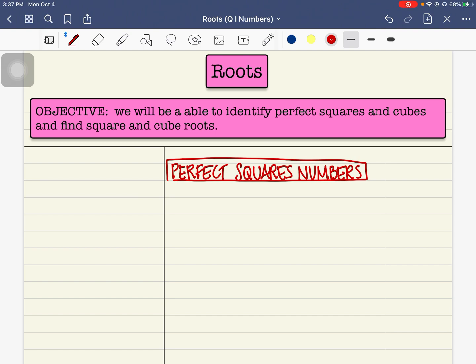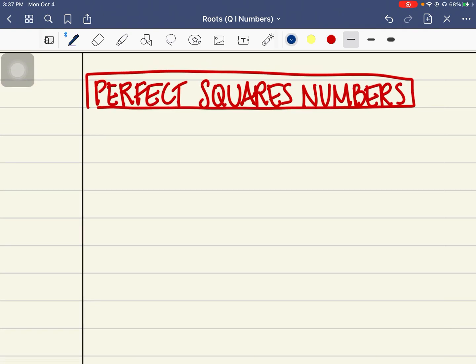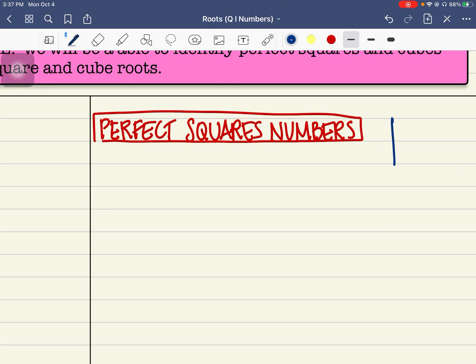Okay, so a perfect square number is a number that makes up a square. So if I have a square here, a perfect square number is a number that we talked about a little bit earlier when we talked about exponents.